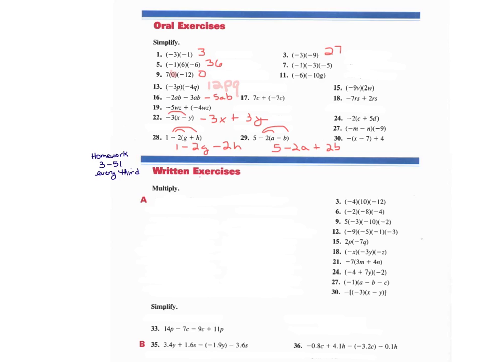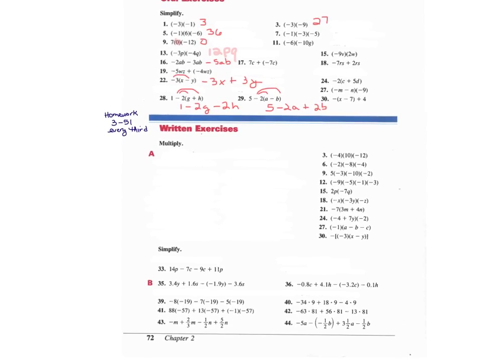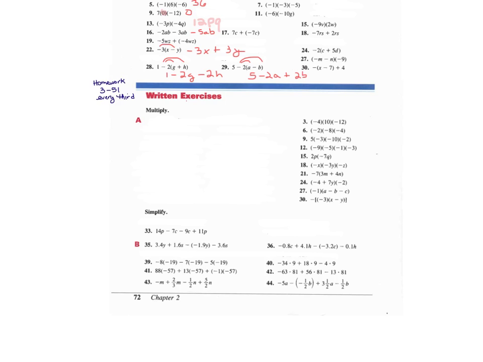So you're doing 3, 6, 9, 12, 15, 18, 21, 24, 27, and 30. And then it keeps going. 33. Actually, I should have whited out 35. But think of the multiples of 3, or think of your answers to your 3 times tables. So every third problem. Pretty good on understanding what I mean by every third.